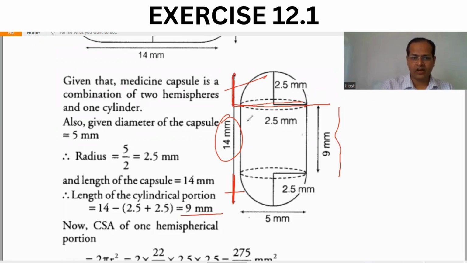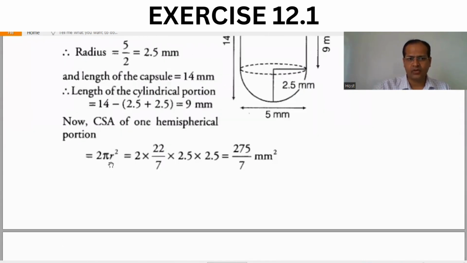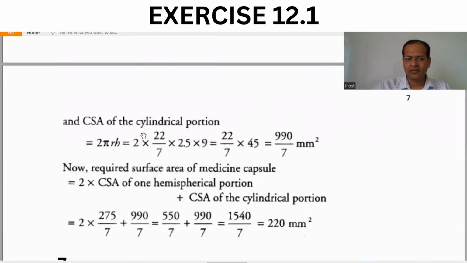Now the curved surface area of the hemisphere is 2 pi R square. We know the radius, and there are 2 parts, one part is this, one part is this. So we take 2 times the curved surface area of a hemisphere, and the curved surface area of the cylinder we can find out. For the cylindrical portion it is 2 pi r h, 2 into 22 by 7 into radius 2.5 and height 9.